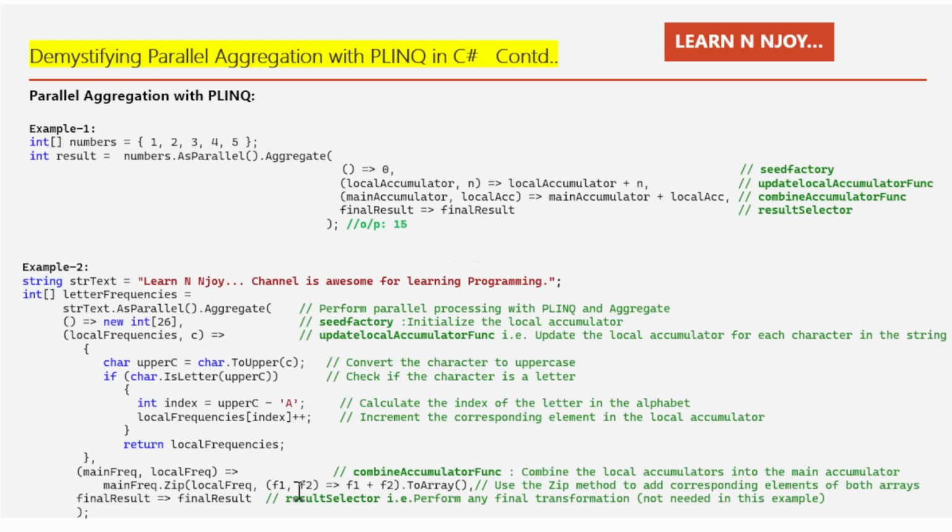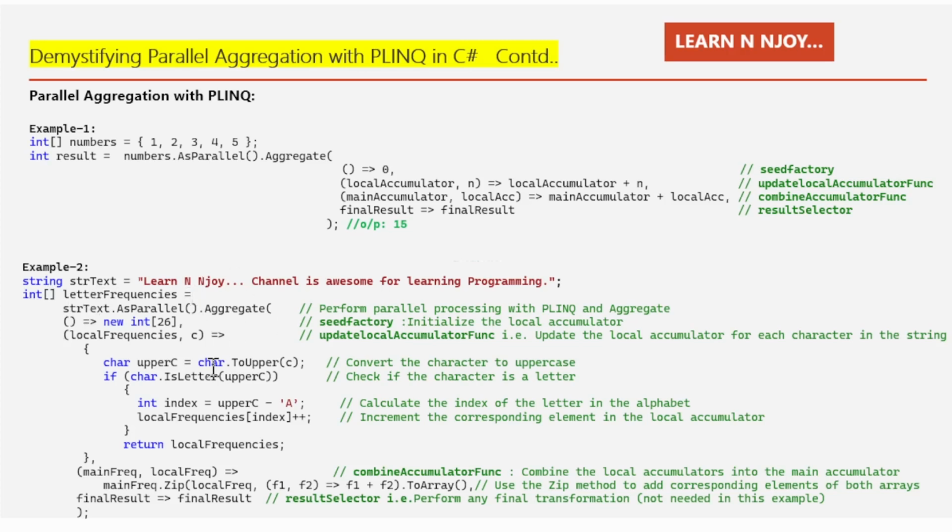So this statement basically adds corresponding elements of both arrays, and then I have written finalResult goes to finalResult as the fourth argument. This is nothing but the result selector function that performs any final transformation on the end result. In this example, it simply returns the final result, and whatever the aggregate output that we receive, we are storing into this int array named letterFrequency.